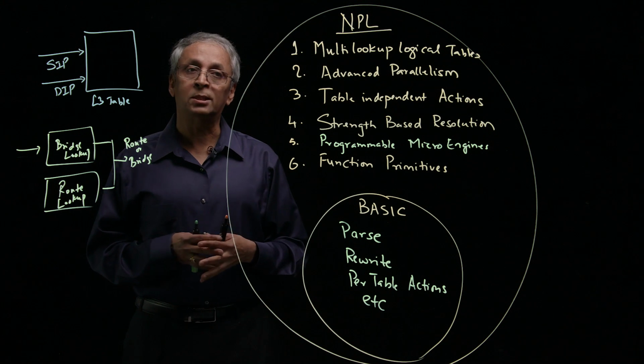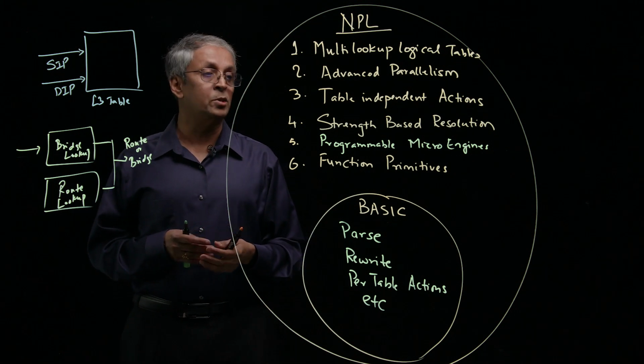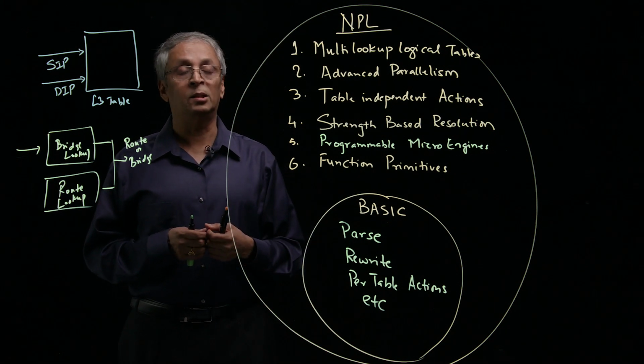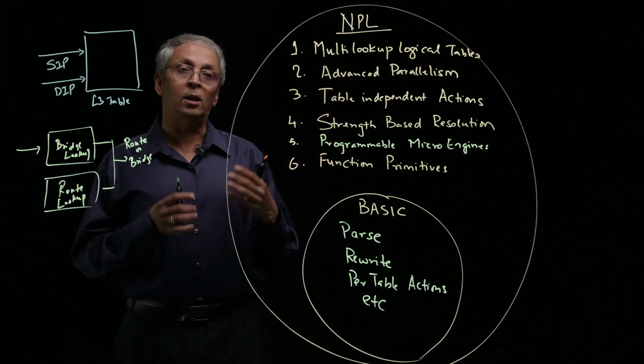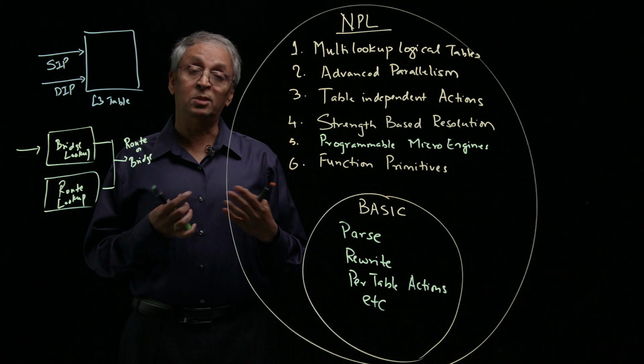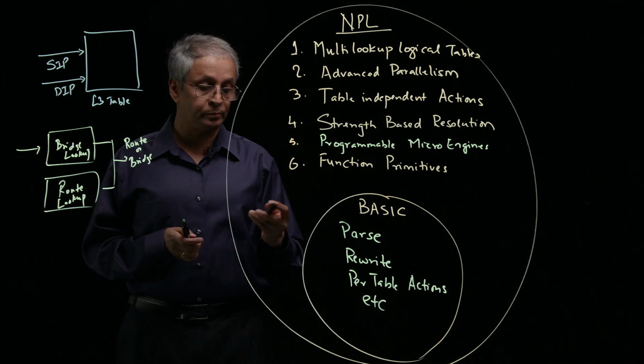We can write complex if-then-else statements to resolve what exactly needs to be done to the packet depending on all the lookups that have happened, and all of these are specified by the NPL user.